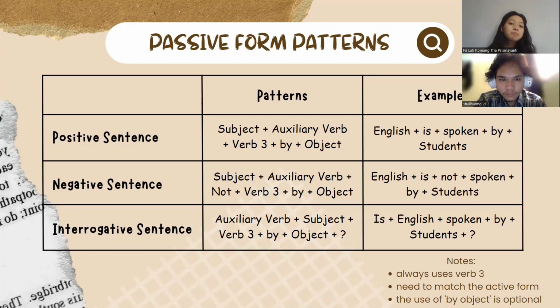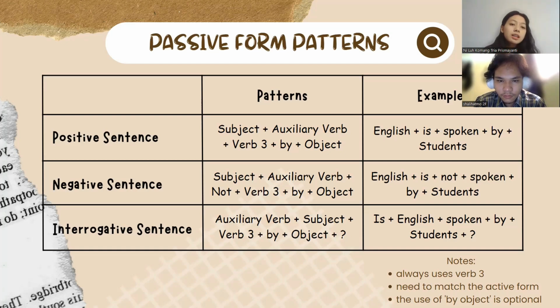So the negative sentence pattern is subject plus auxiliary verb plus not plus verb 3 plus by plus object. So from the first example, it can be English is not spoken by students. So we just add not between is and spoken.